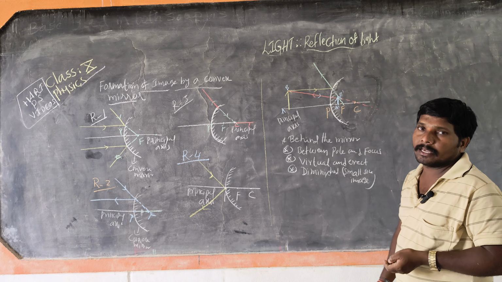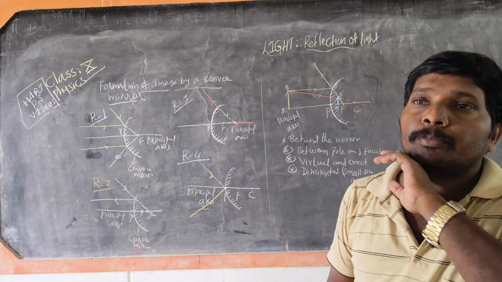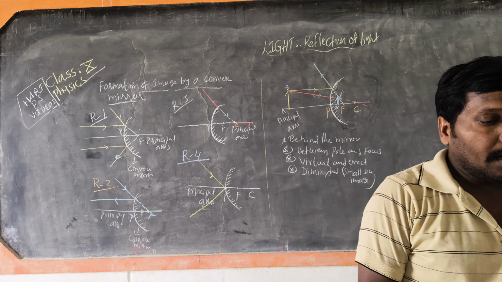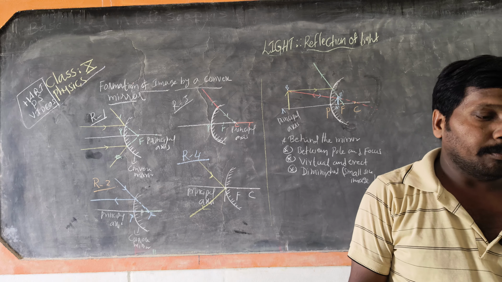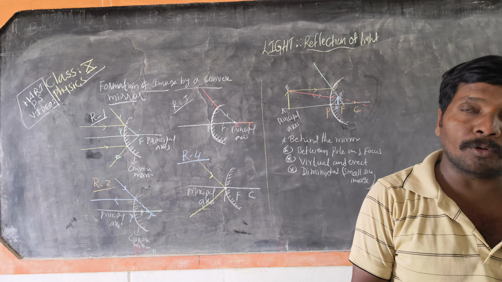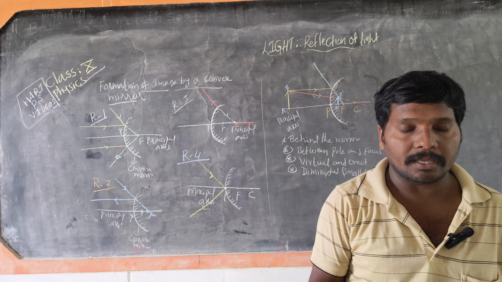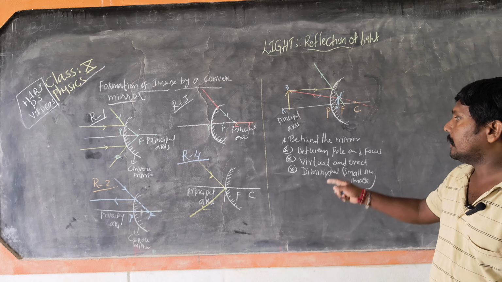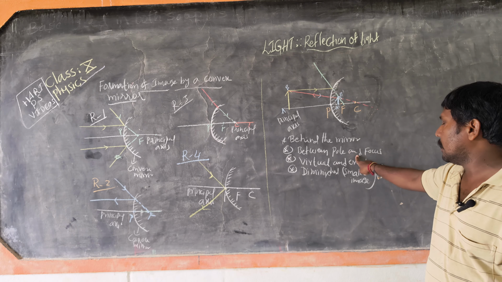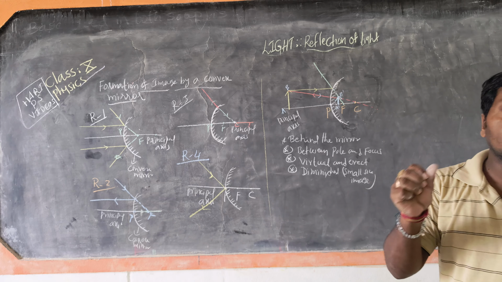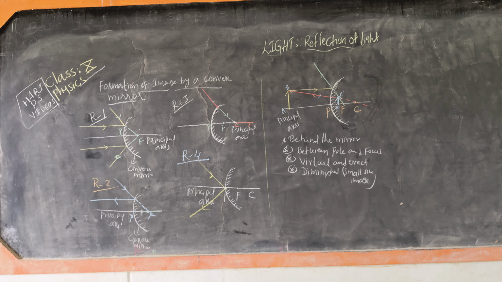Wherever the position is, when an object is placed anywhere between pole and infinity in front of a convex mirror, the image formed is behind the mirror, between pole and focus, virtual and erect, highly diminished. A small size image is formed.